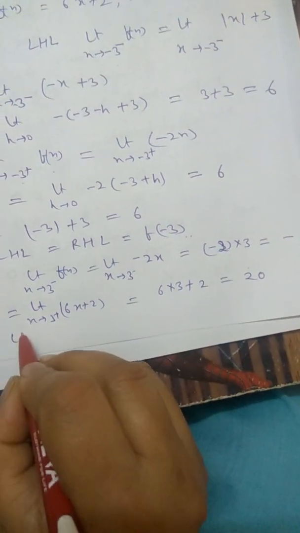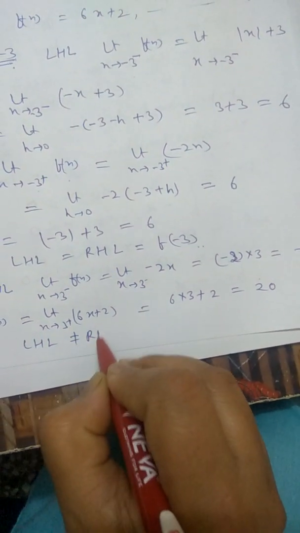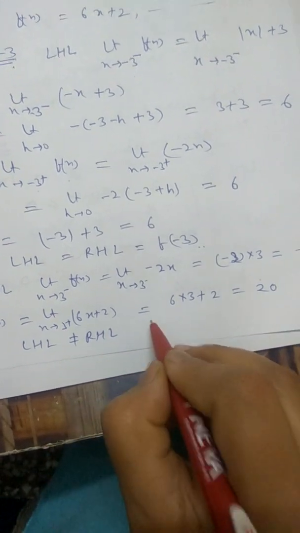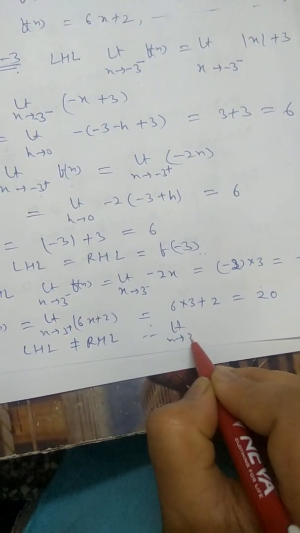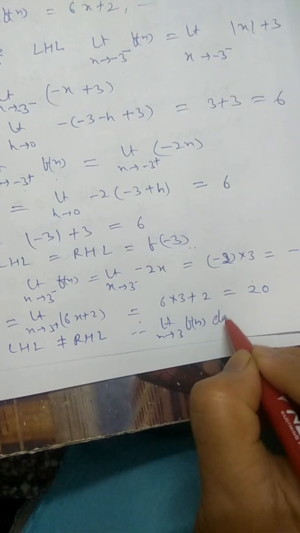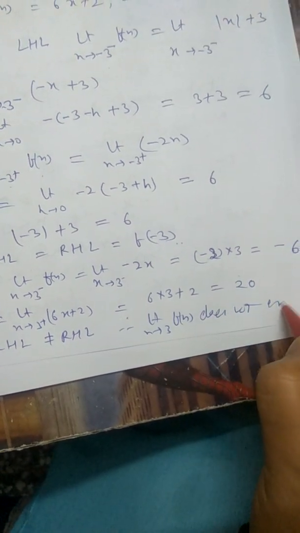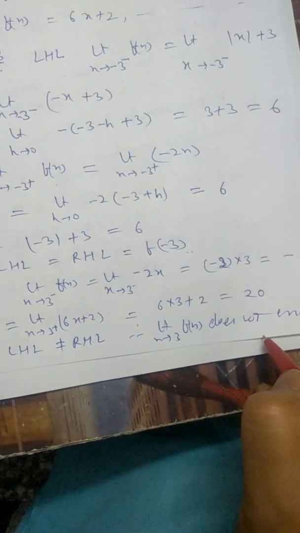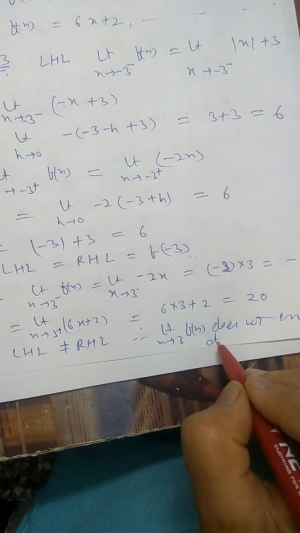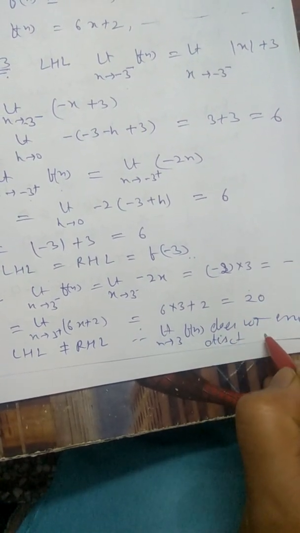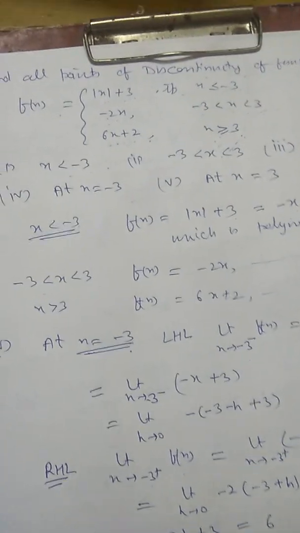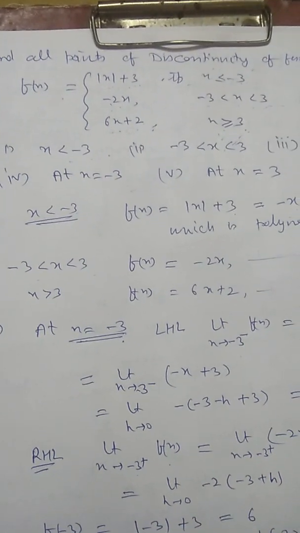It means left hand limit is not equal to right hand limit, and therefore limit x tends to 3 of f(x) does not exist. When this limit does not exist, it is not continuous, it is discontinuous at x is equal to 3. That means x is equal to 3 is the only point of discontinuity.